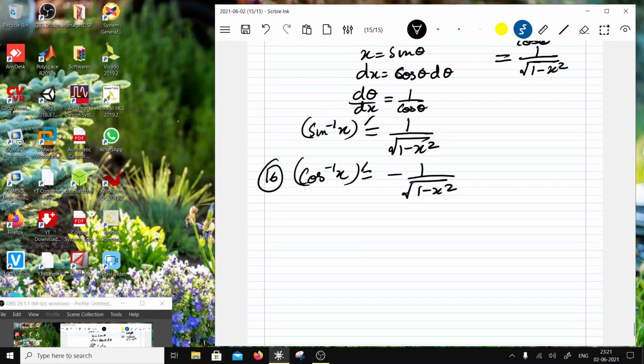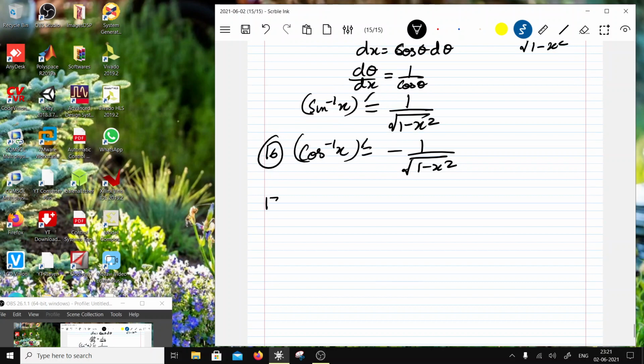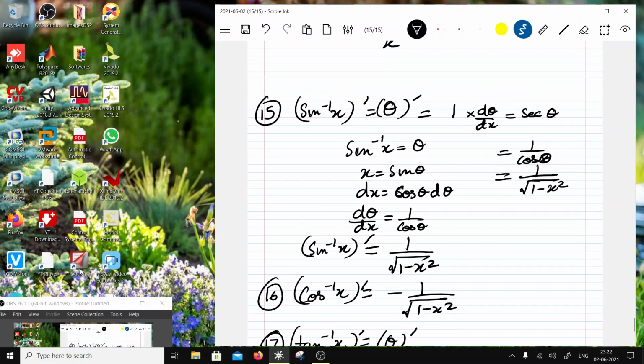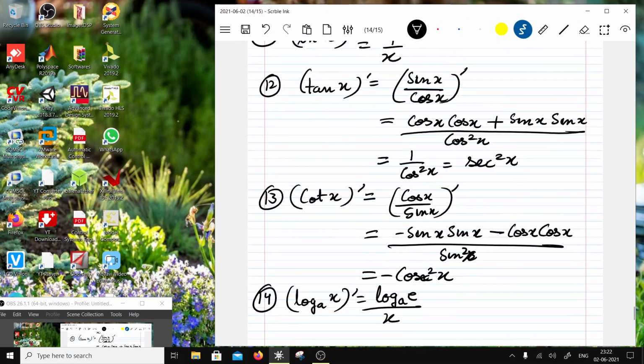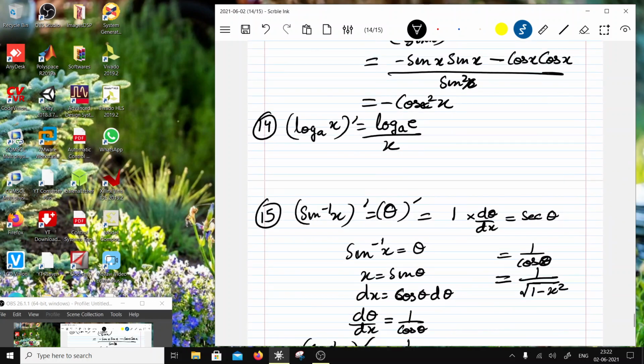How about tan inverse of x? Okay, so have we covered that?